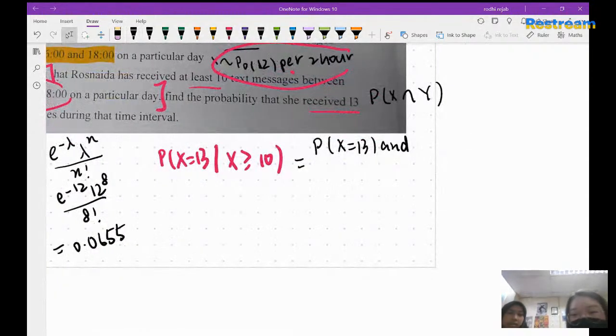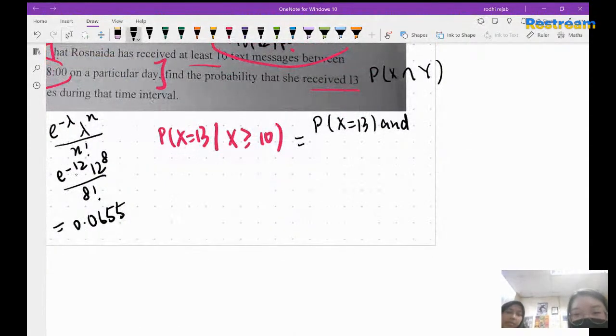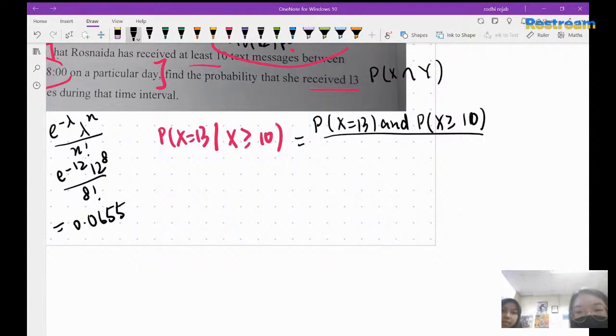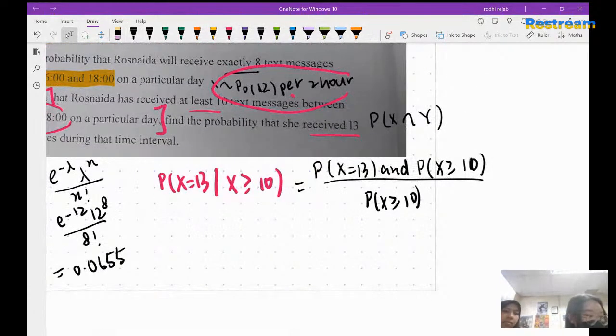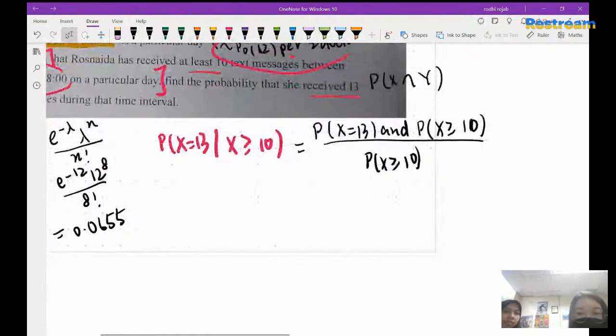So sini pun samalah, intersect kan. Okay, so P(X greater than or equal to 10). Okay, divide by.